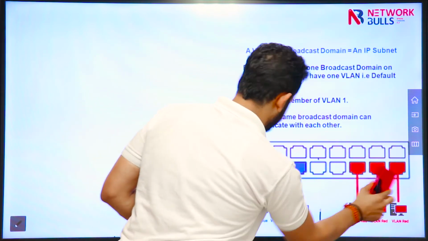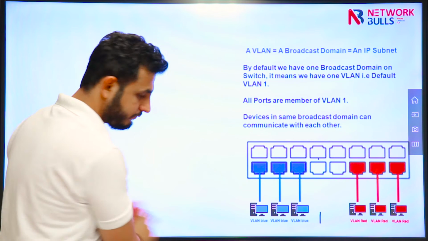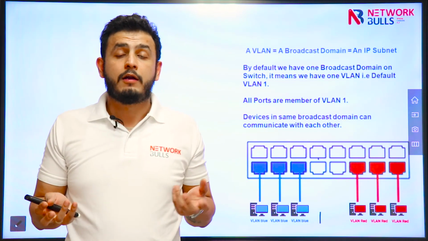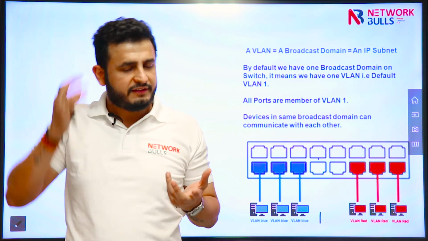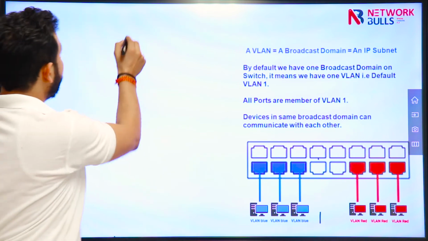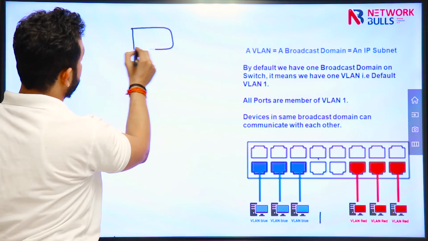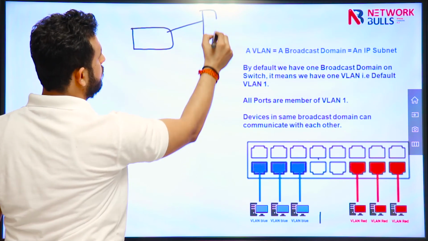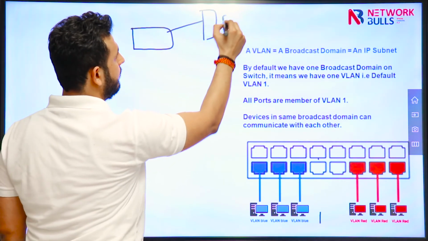Last point, VLANs will connect devices logically. We don't have to give too much thinking to the physical location of devices. Let me give you an example. Let's say I have a switch and a printer is connected to this switch. Printer.